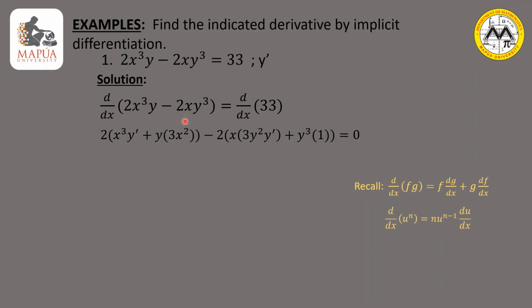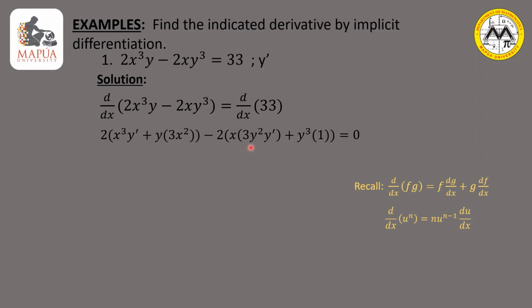Now, as to the derivative of negative 2xy cubed, this would result in having negative 2 times the derivative of xy cubed, given by x times the derivative of y cubed. Now, in differentiating y cubed, we will be treating it as a u to the n form, whose derivative is done this way.